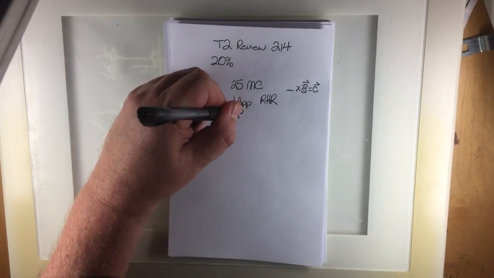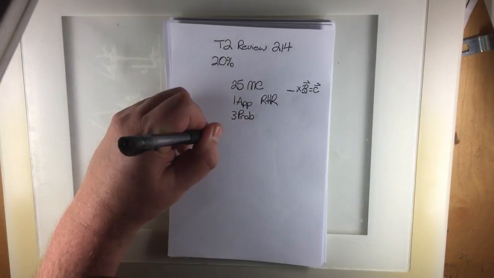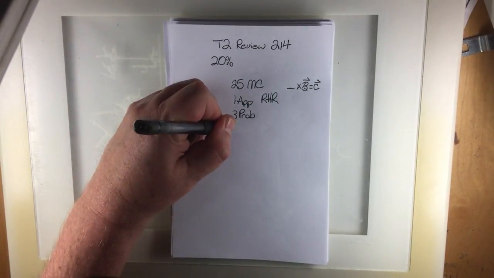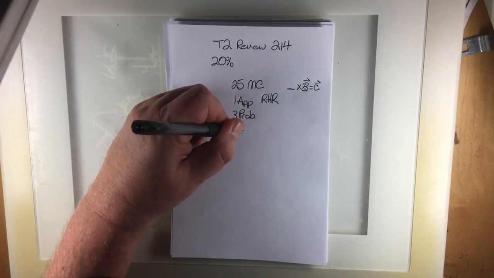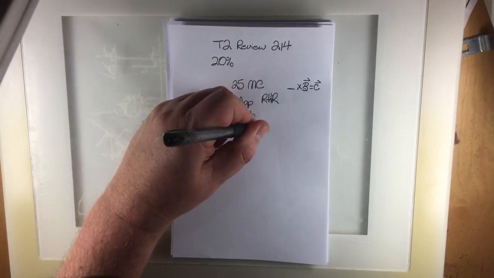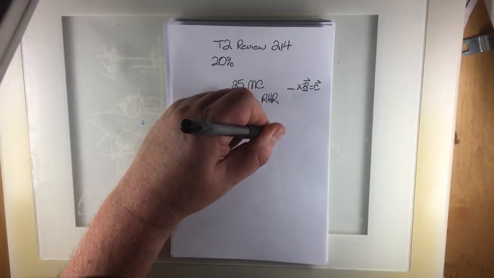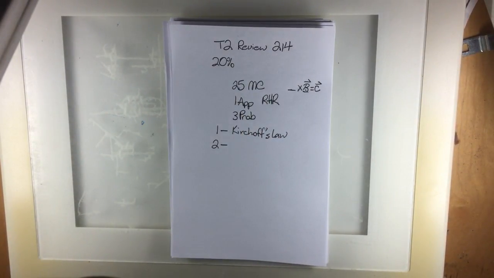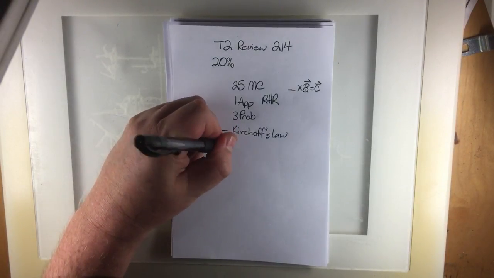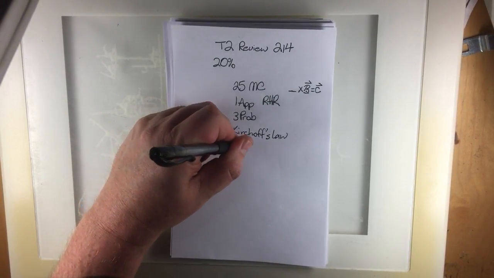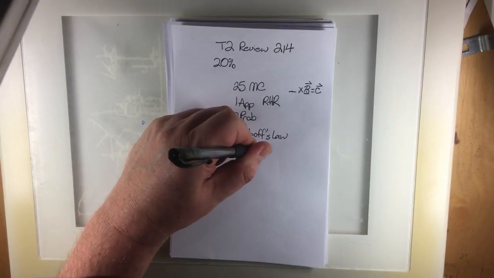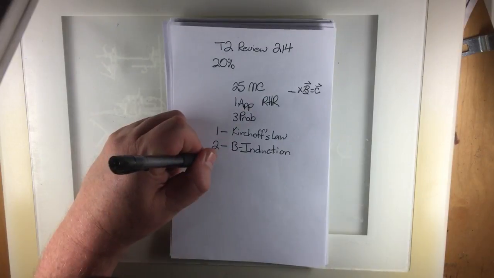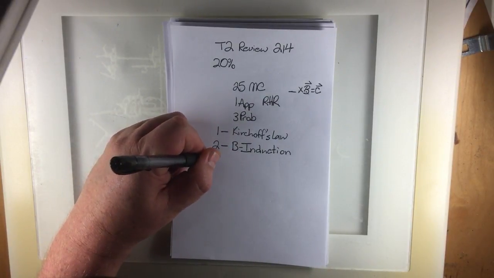And then there are 3 problems. Problem 1, 100% metaphysical probability is Kirchhoff's law. Two, there's another, magnetic induction. That's also 100% metaphysical probability.